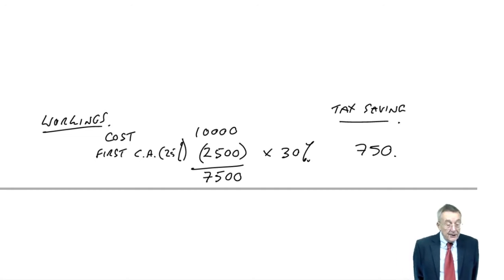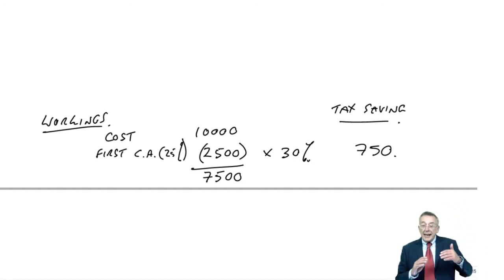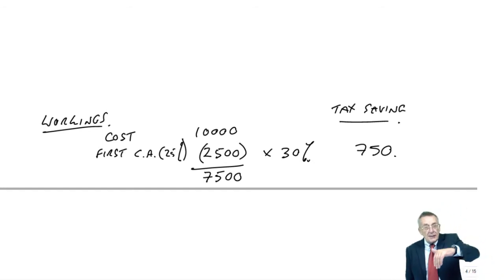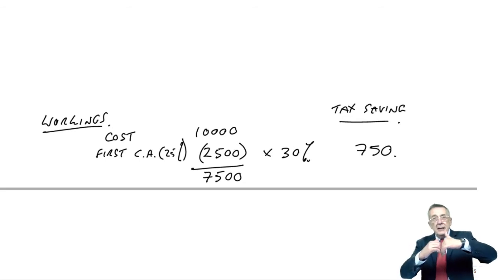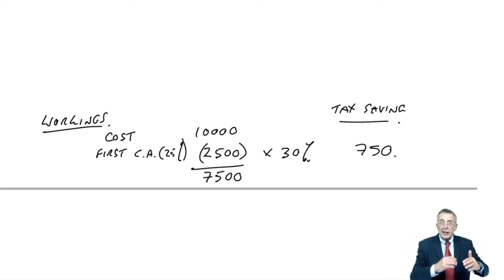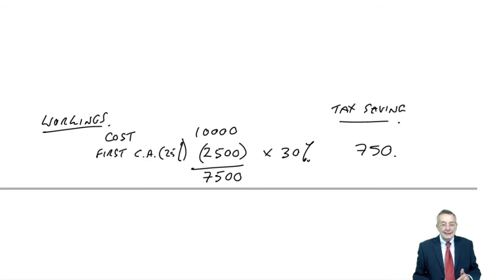Our year end is 31st December. And so the actual calculation of capital allowances will be at the 31st December, at the end of the first year, and it'll be deducted from the cash profit for the first year. So it'll actually be calculated at the end of the first year, time 1.